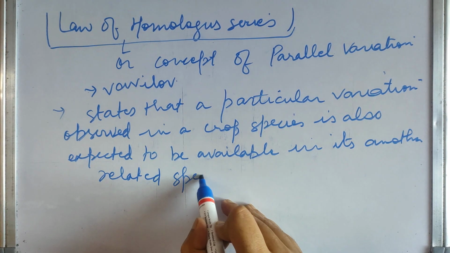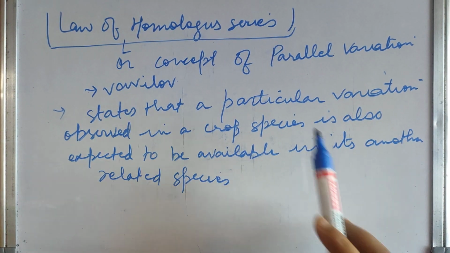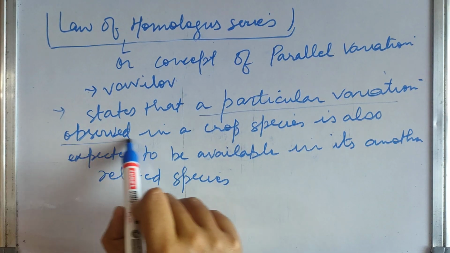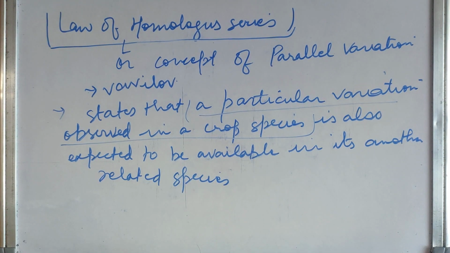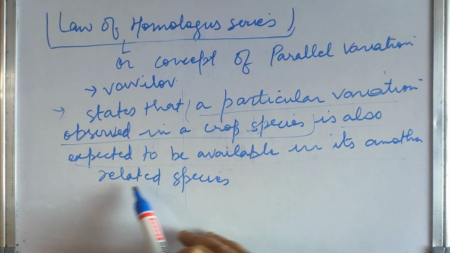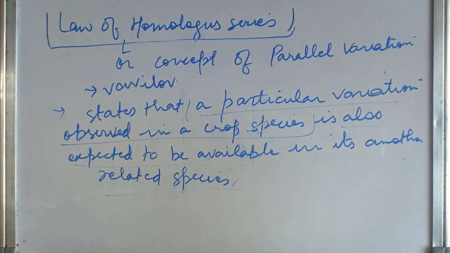So what is this law of homologous series? A particular variation that is observed in a crop species is also expected to be available in its related species. I hope you all understand it.